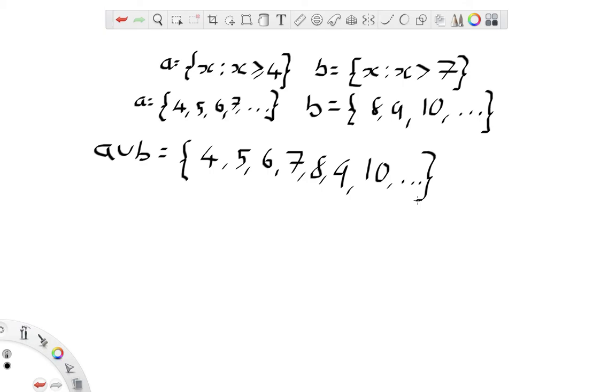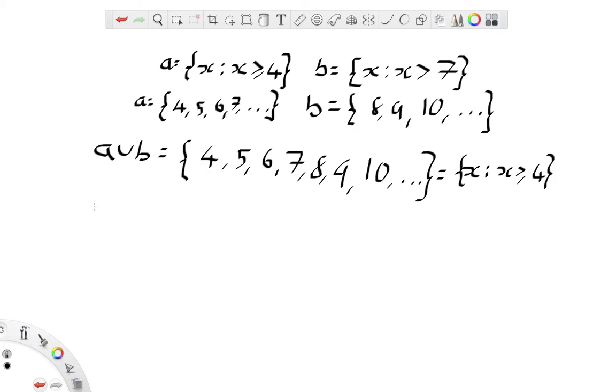Okay, so can we write this set algebraically with some algebra? Of course we can. So what have we got here? Well, we've got 4, 5, 6, 7, 8, 9, 10. So that is just the set A. It's all the integers that are greater than or equal to 4.